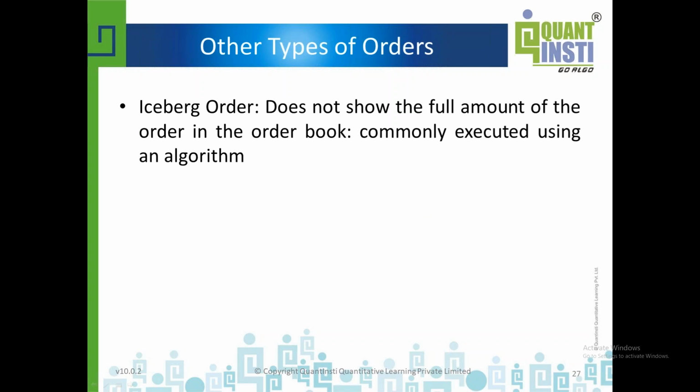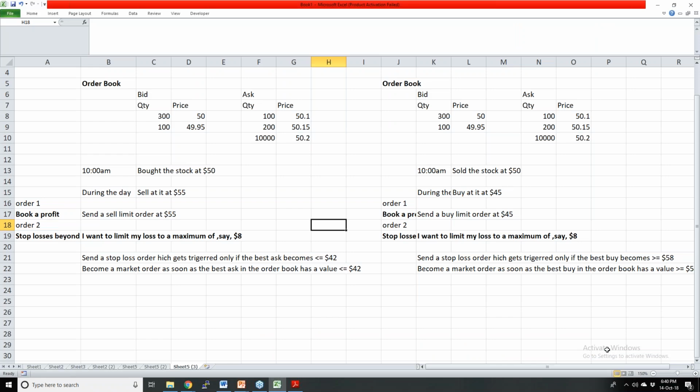Just to give you an example, say at 50.1, you have an iceberg order. The actual quantity is say 1,000. So if you send a market order for 500 shares, all your shares might get executed at 50.1 because that was an iceberg order, right?